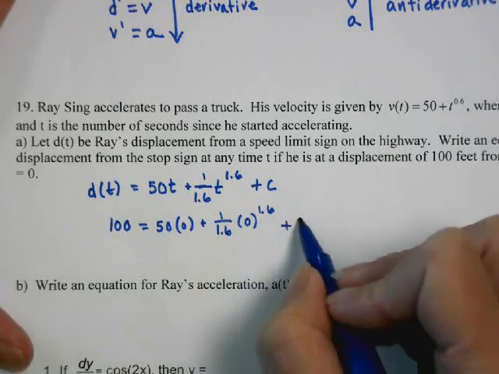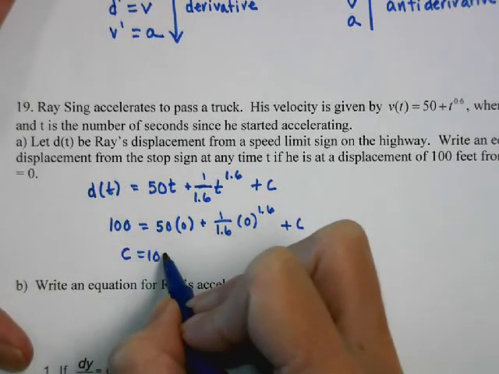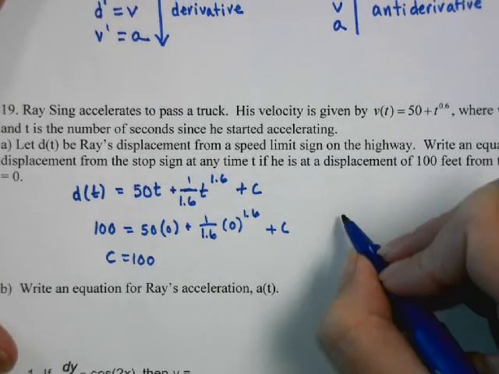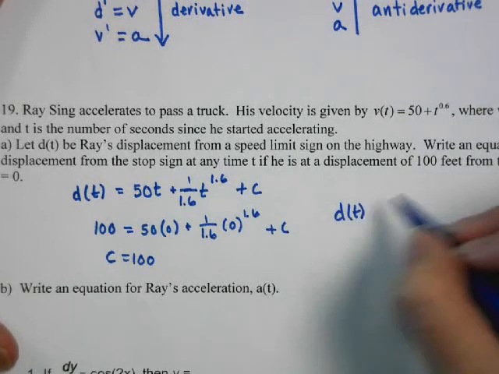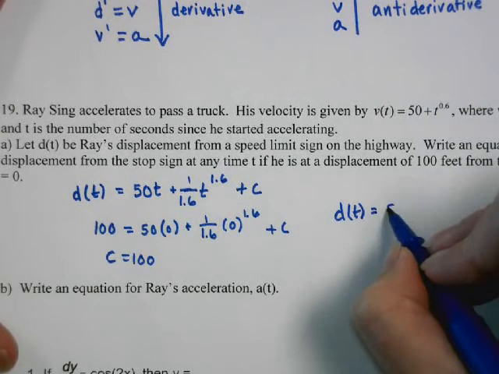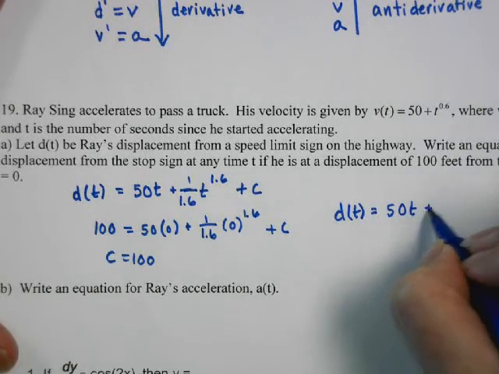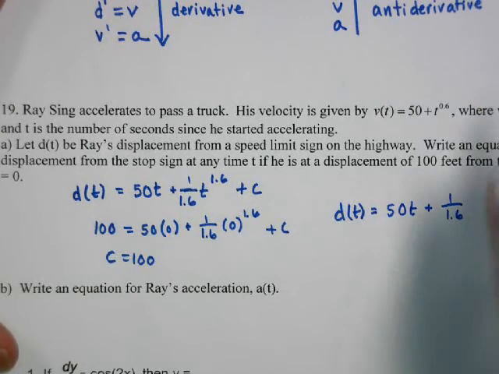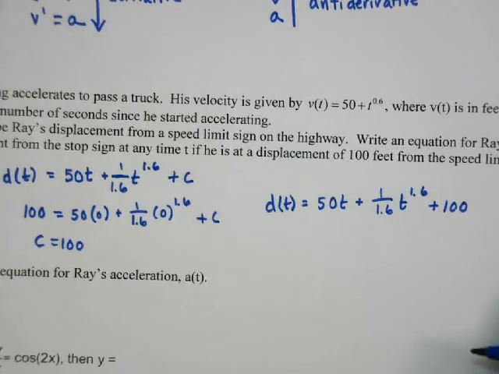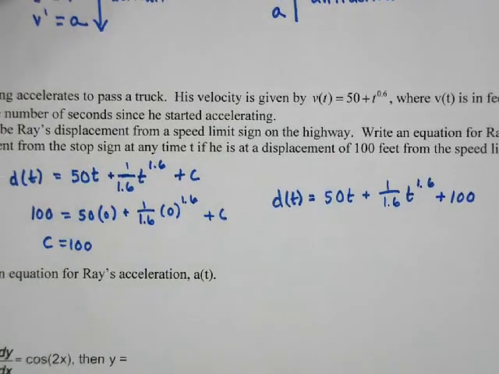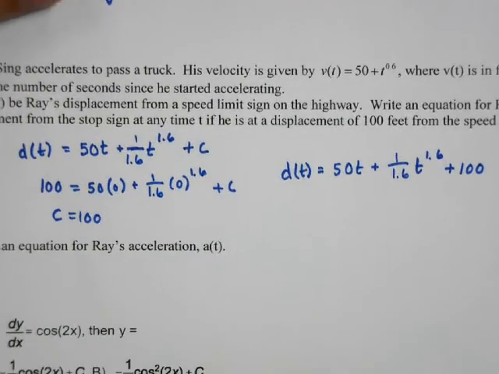So that's 0, which means c is 100. So my equation for displacement is going to be 50t plus 1 over 1.6, and you could simplify that if you want, t to the 1.6 plus 100.